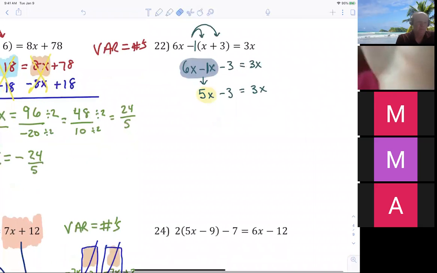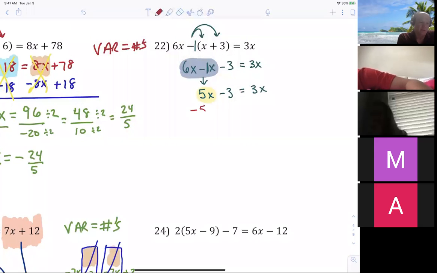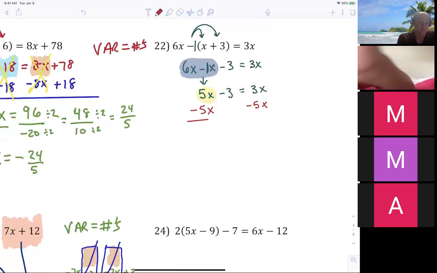All right. Now I'm trying to isolate the variables. I'm trying to put the variables with variables. So now please watch. I'm going to subtract 5x from both sides. So I get -3 equals -2x.